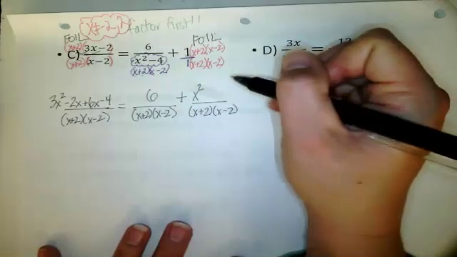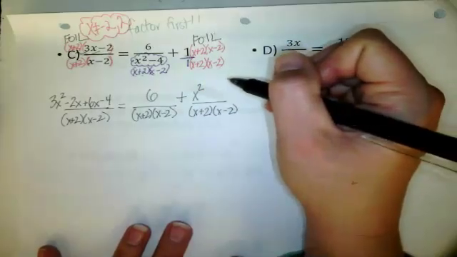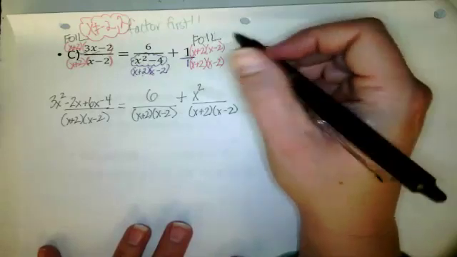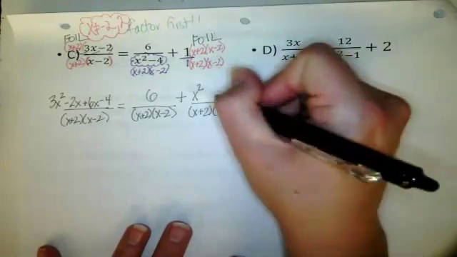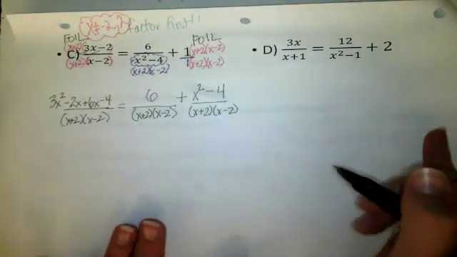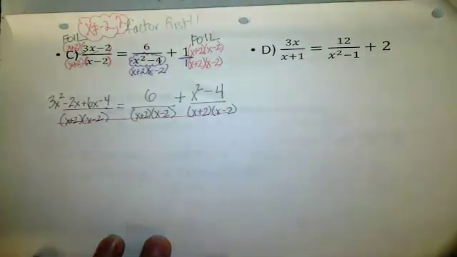Is that it, or is there more? -4, yeah. -2x and +2x cancel out, and then 2 times -2 is -4. Do all the denominators match? Which means I get to ignore them. Yay.